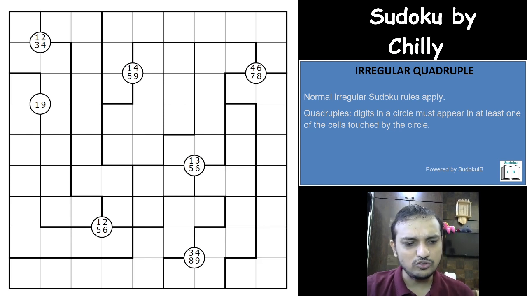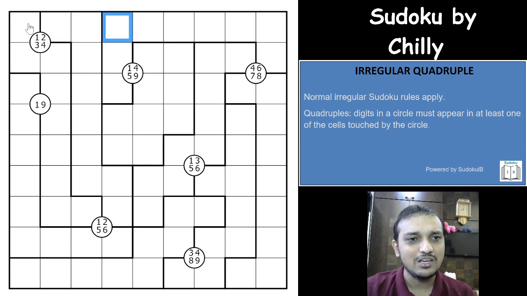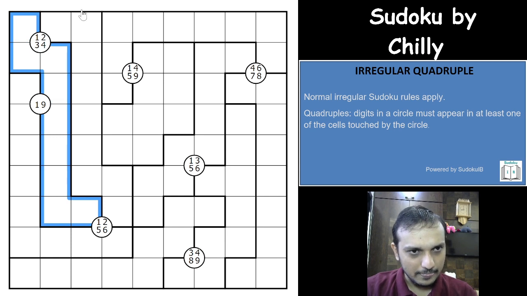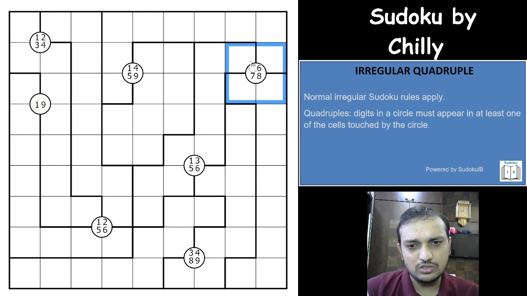And now coming back to this Sudoku. Classic irregular Sudoku rules apply. You need to place digits from 1 to 9 in each row, each column, and outlined regions as given. Apart from that, you have some circles and some givens in those circles. Those numbers would have to be in one of these 4 cells, right?